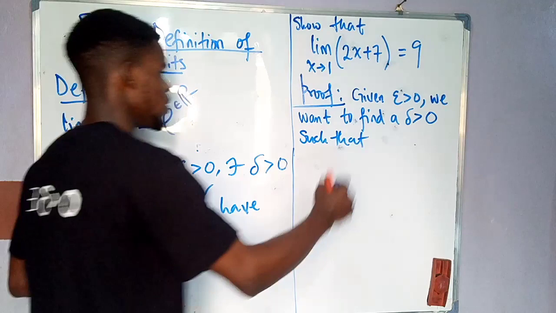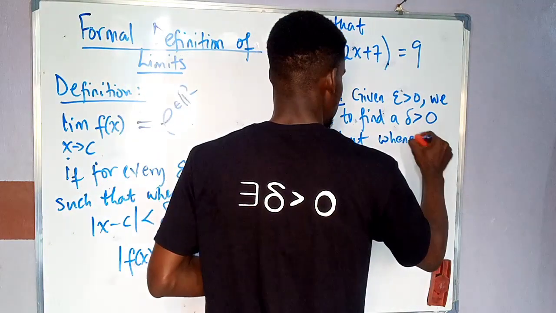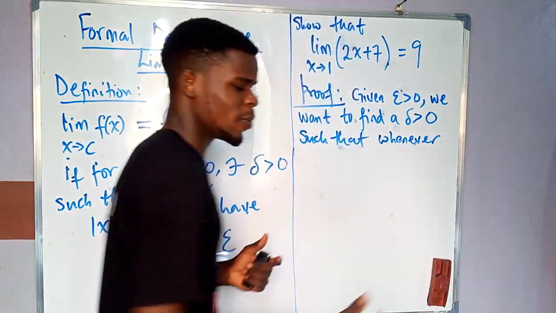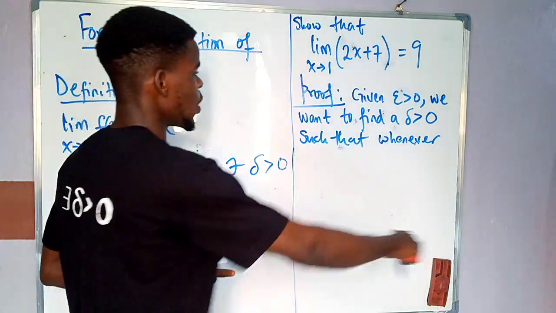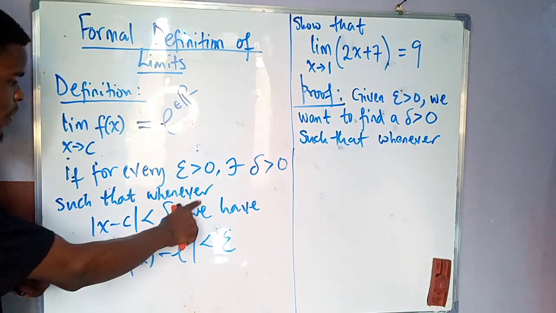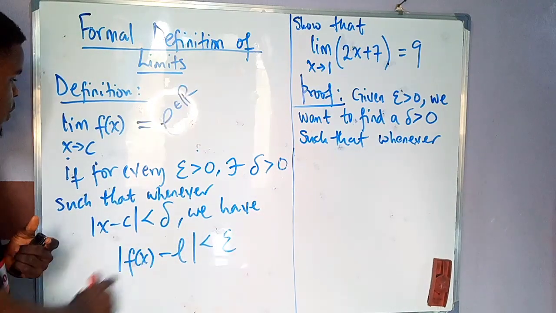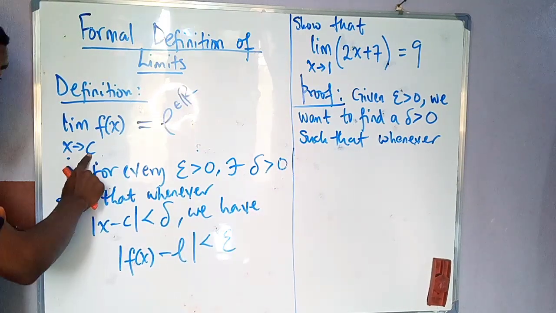Such that whenever, as you can see, we are copying almost the same thing, but here it is relative to the question. Now notice this: after the whenever, we said x minus c is less than delta. This was the c, x was approaching c.